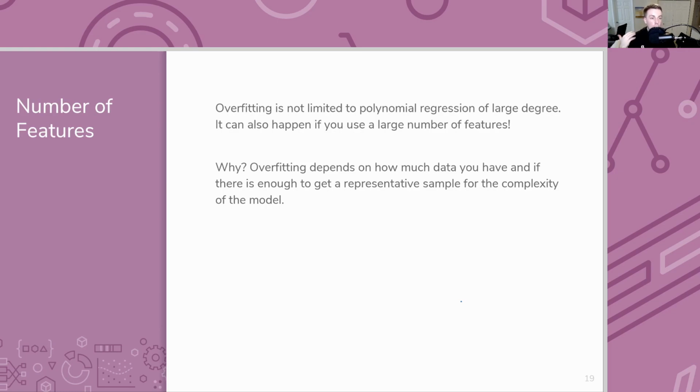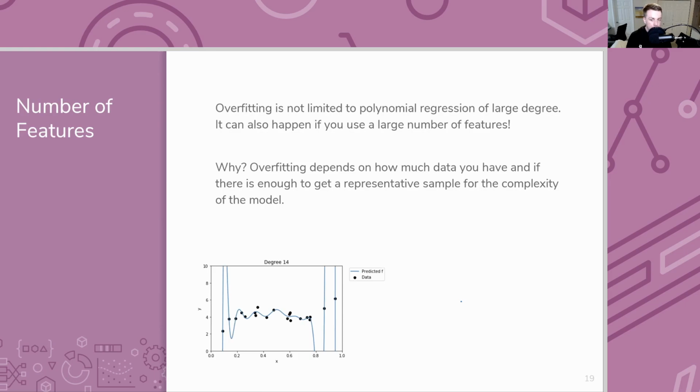And it turns out with more and more features, or more and more complex features, you can get higher and higher complexity models. So this is kind of going back to what I said earlier. One of the things I want to discuss is that complexity is relative to how much data you have. So if I have this much data, a degree 14 polynomial is definitely going to overfit this much data.